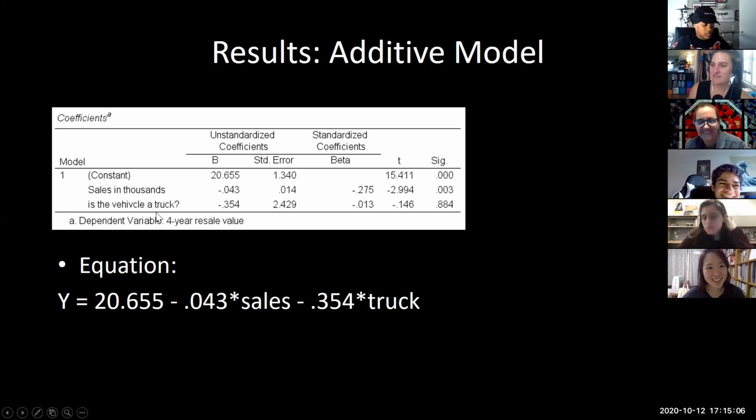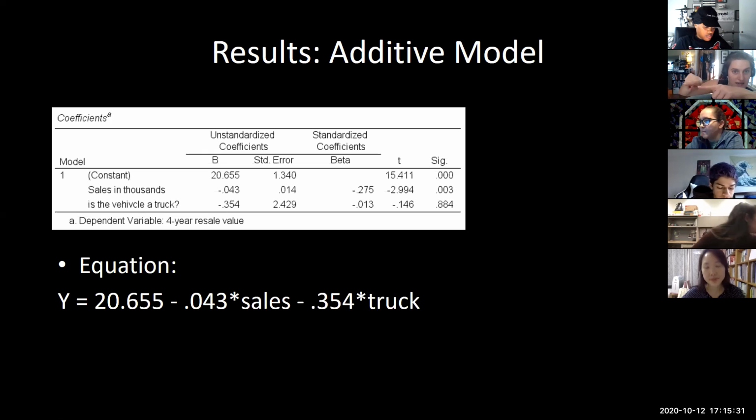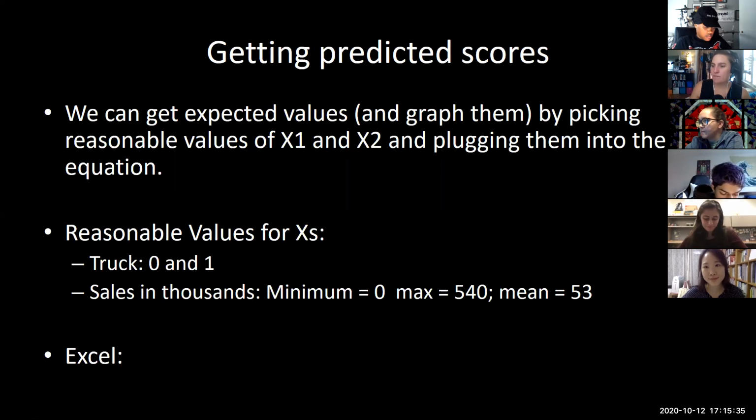Vehicle? Shame. Finger wagging at self. All right, so trucks don't have a better resale value. Cars do because this coefficient is negative. So as the coefficient of truck goes from 0 to 1, the value goes down. I'm pointing at it. That doesn't help. Okay.